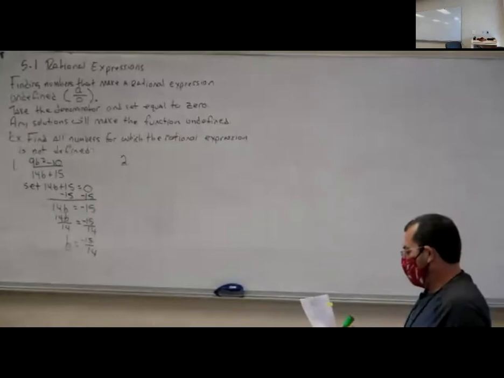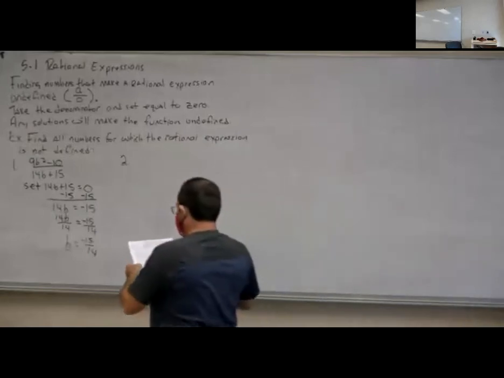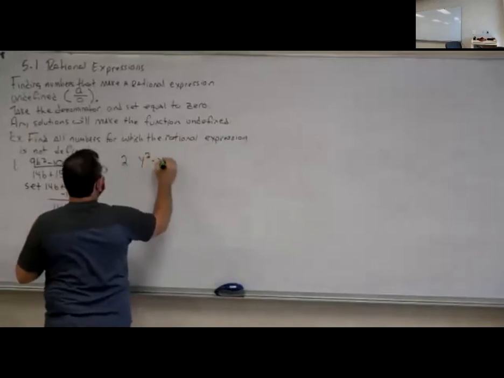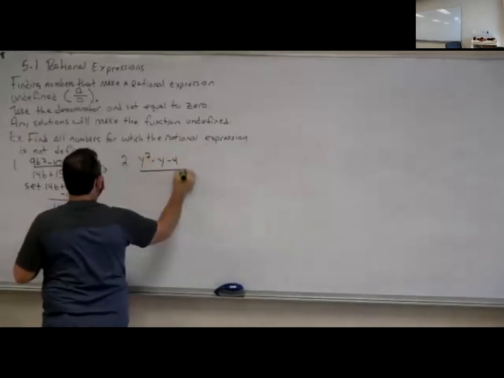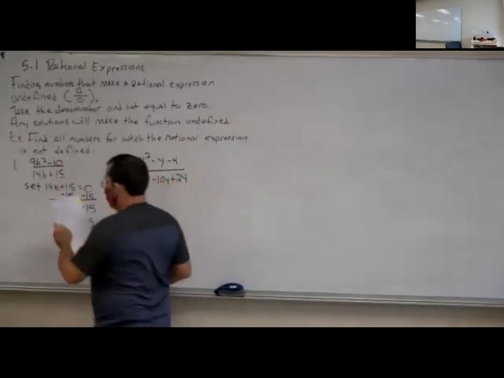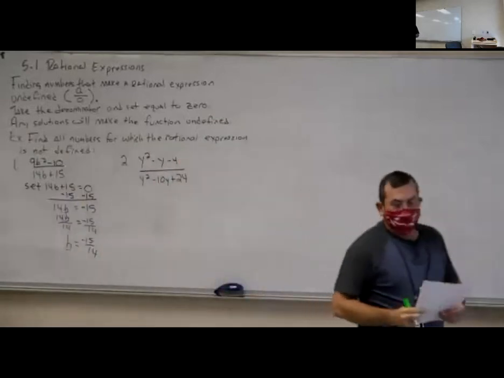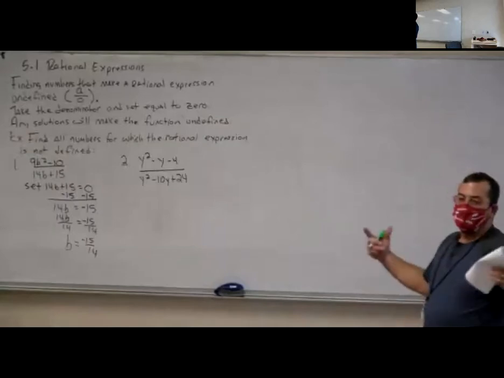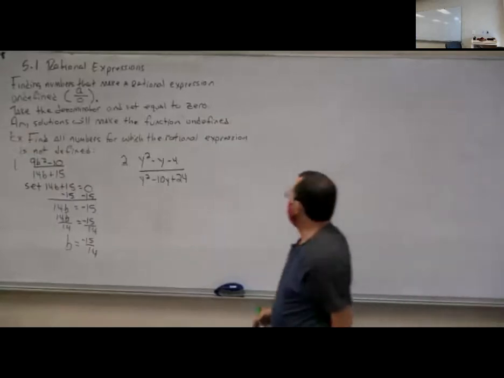So let's try one with a square in it. So a y squared minus a y minus 4 over y squared minus 10y plus 24. So take that bottom, set it equal to 0.